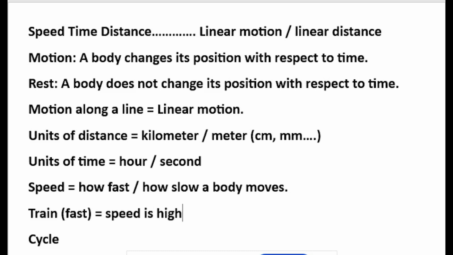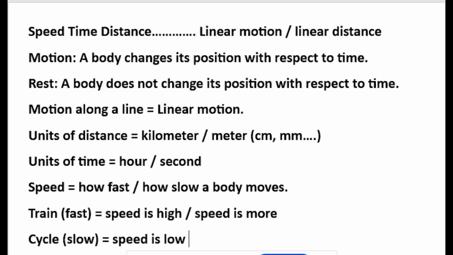And when you say cycle is slow, it means speed is low, speed is less. So train fast means speed is high, speed is more. And when you say cycle slow, it means speed is less.